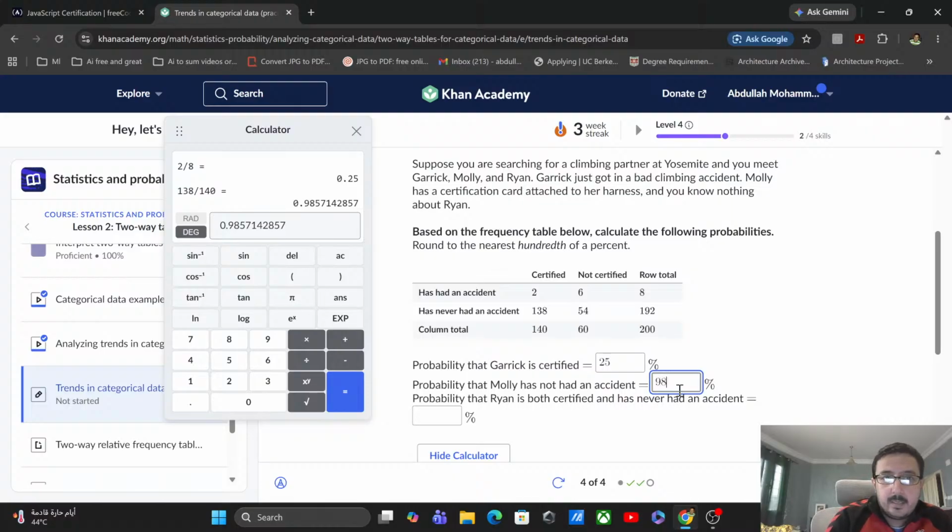It says to round to the nearest hundredth of a percent. Okay, let's multiply it by 100.